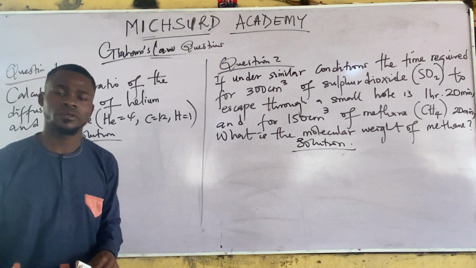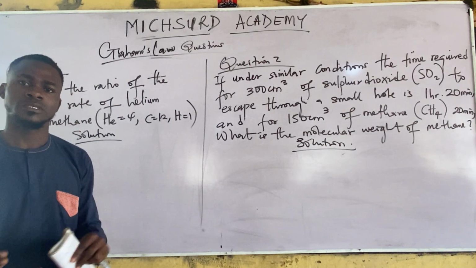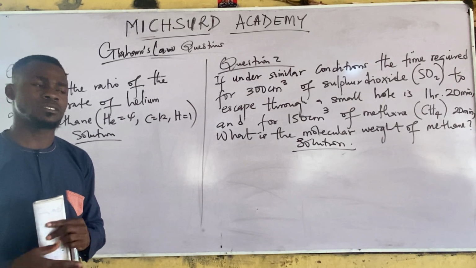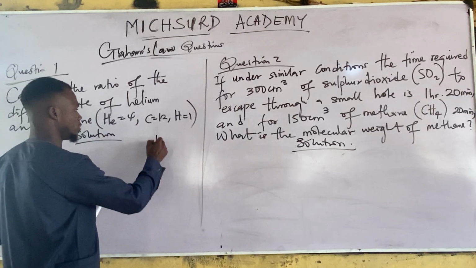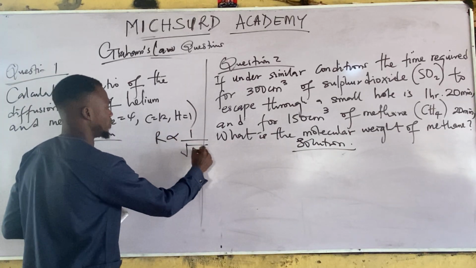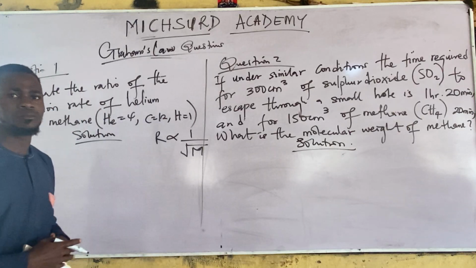We said in our previous class that Graham's law of diffusion gives us the relationship between the rates of diffusion and the molecular mass of that gas. It says that the rate of diffusion is inversely proportional to the square root of the molecular mass.